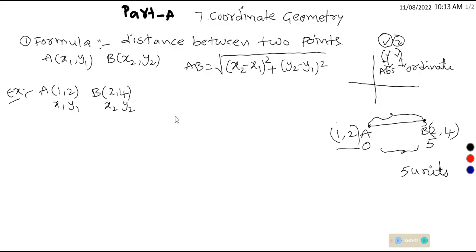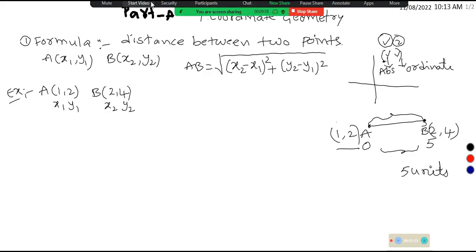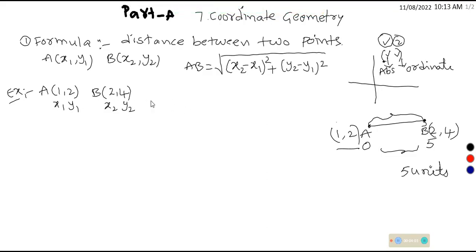Now next, substitute x1, y1 and x2, y2 in this formula and simplify, then you will get the distance between A and B. So we will see how it is.